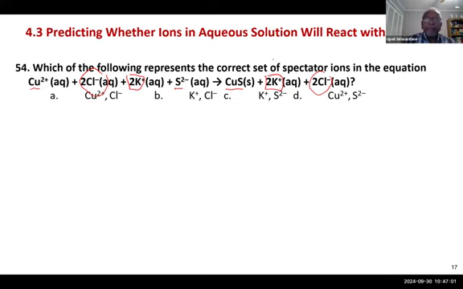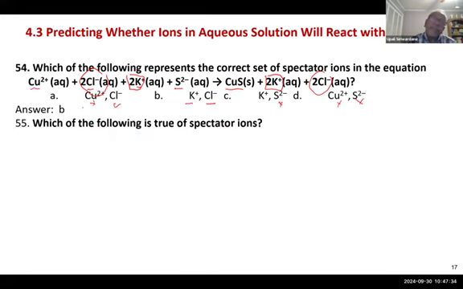Therefore, spectator ions should be two chlorides, which is chloride, and potassium. They didn't give you two chlorides, therefore potassium and chloride. The rest of these are wrong. They are not spectator ions. This is correct, but this is wrong, which makes it wrong. Therefore, the answer is B.